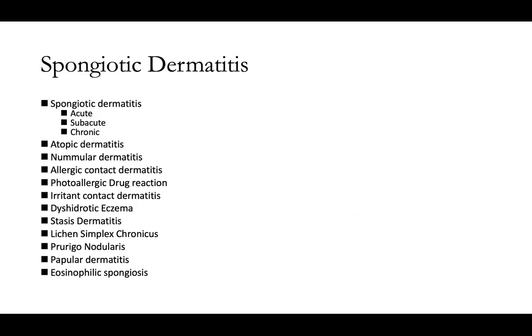So this is mainly just for your self-reference. We will hit upon all of these, but spongiotic dermatitis can be classified into acute, subacute, or chronic. And the list below represents many common entities that have spongiotic dermatitis as their actual inflammatory pattern.